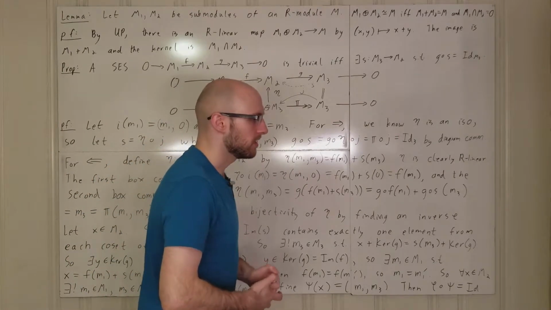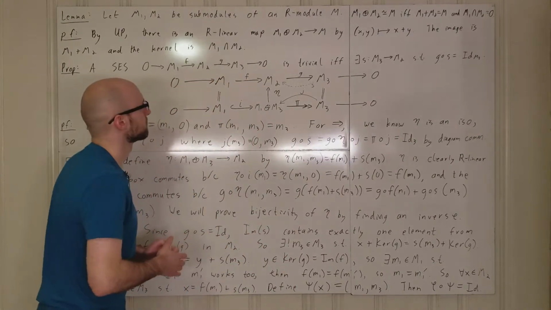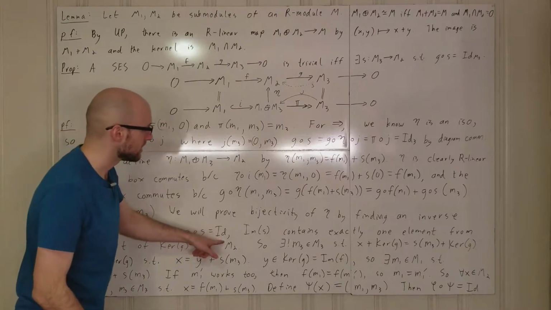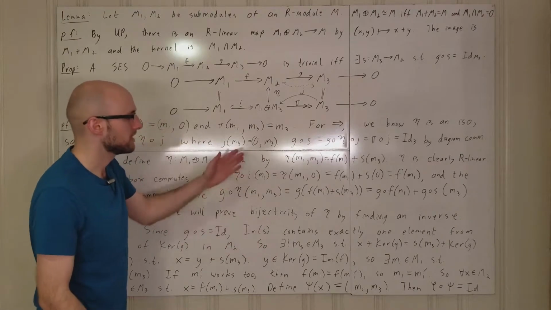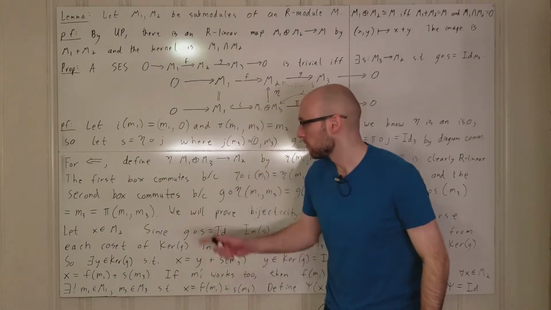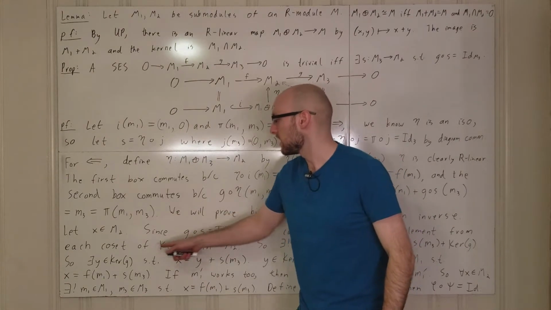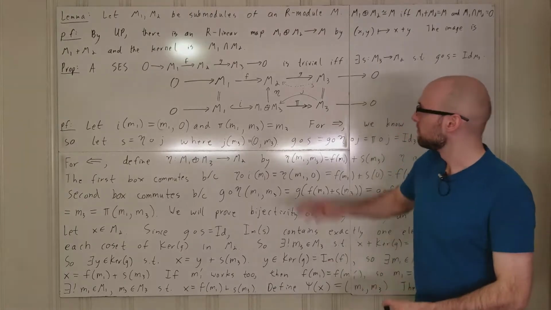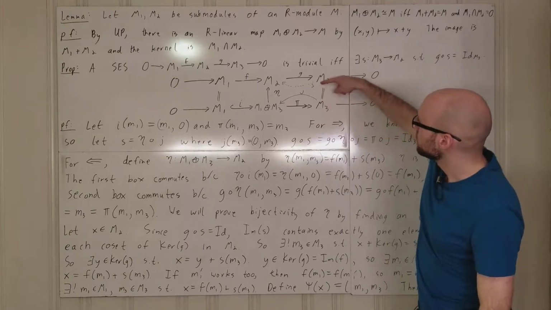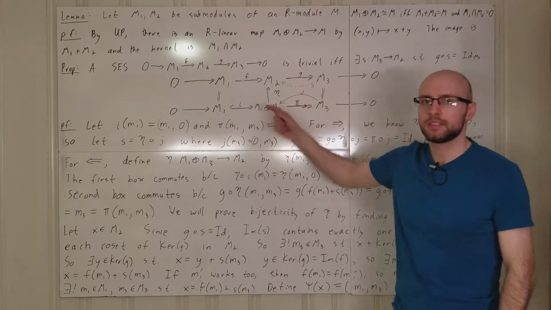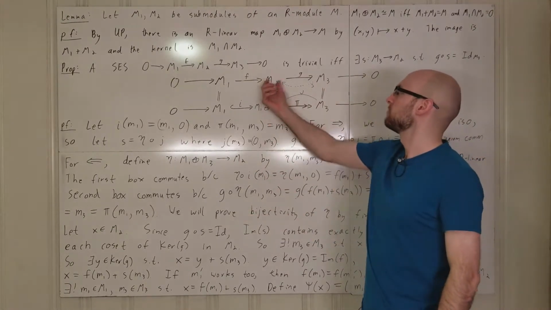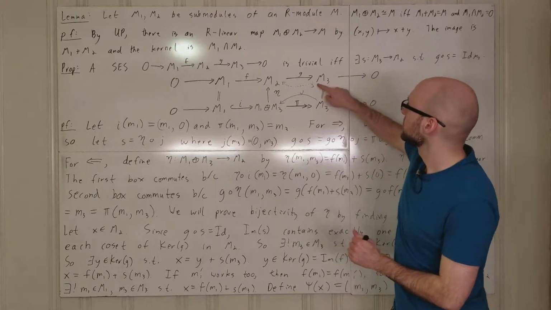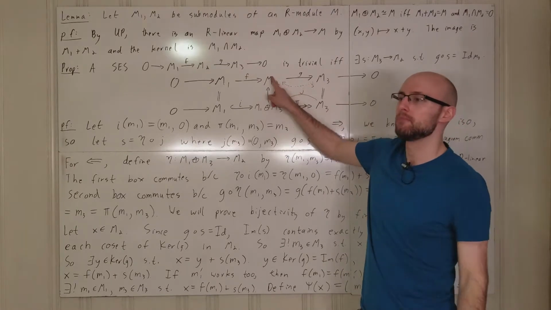So if you think about the cosets, what it means, since G composed with S is the identity, the image of S must contain exactly one element from each coset of the kernel of G in M2. Because basically when you think of the image of M3 under S, you've got a subgroup in M2 which is isomorphic, so for each element in M3 there's an associated element in M2.